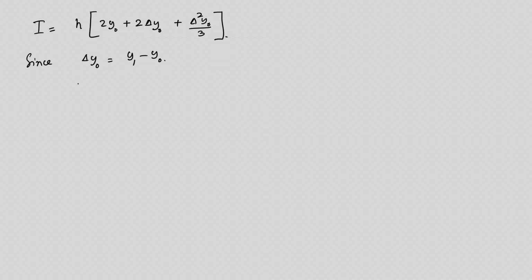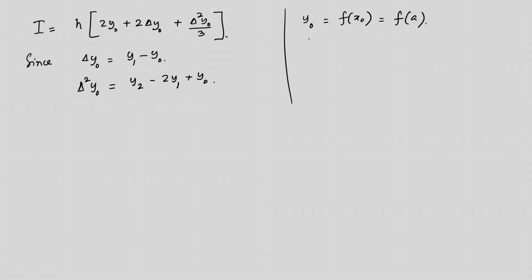And similarly, your delta square y naught, from the second order formula for the double derivative that we have learned, is y 2 minus 2 y 1 plus y 0, involving 3 points. Okay. So, y 2 is the value of the function. Just to remind you, y 0 is nothing but f of x 0, which is equal to f at a.